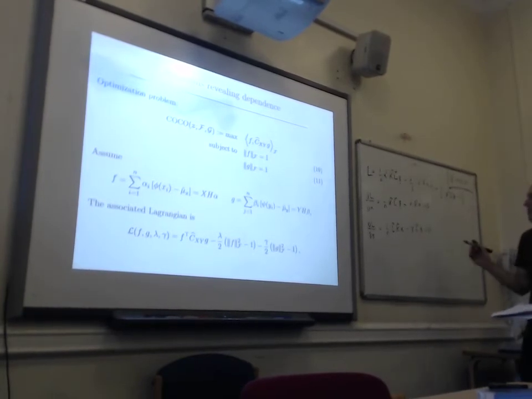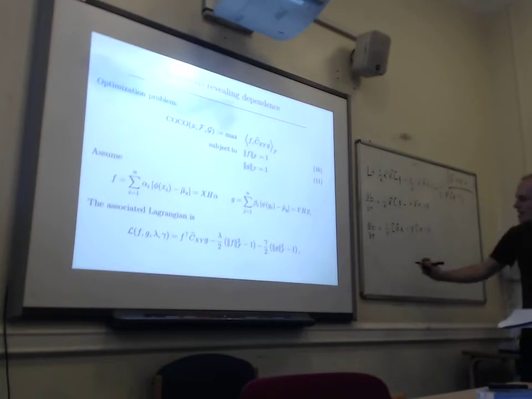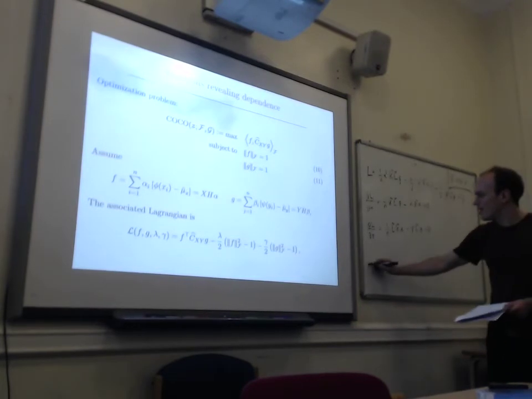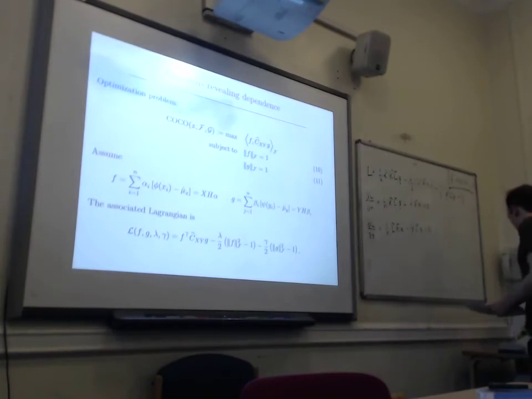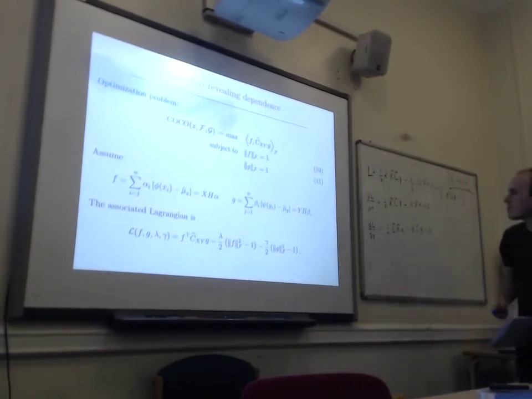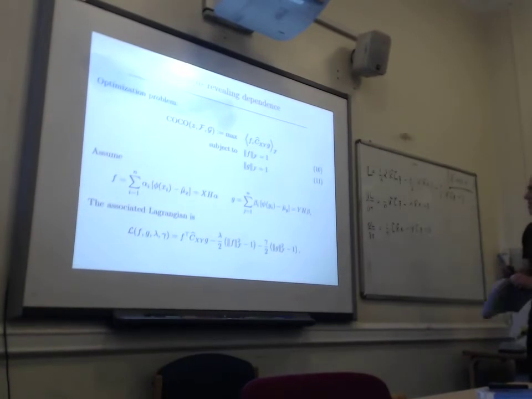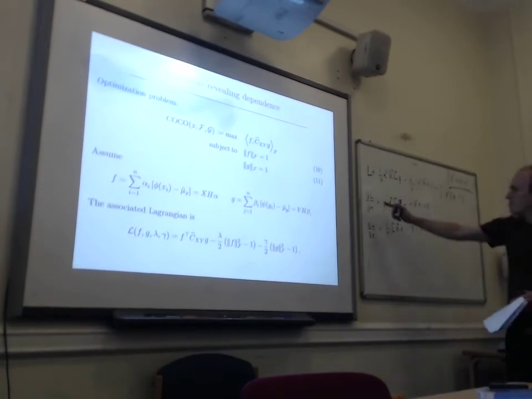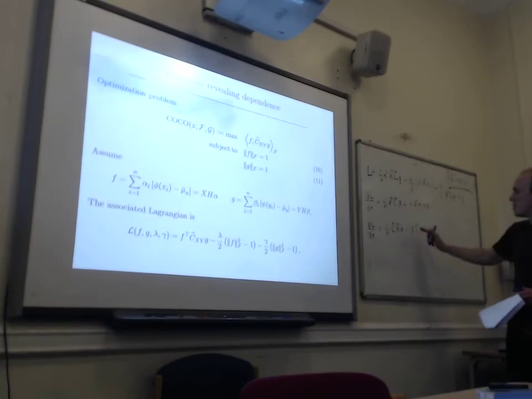So first of all, there is a cute trick to be done. Let's pre-multiply this by alpha transpose and pre-multiply this by beta transpose. So what do we get?